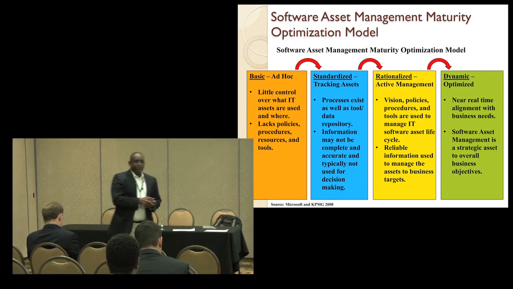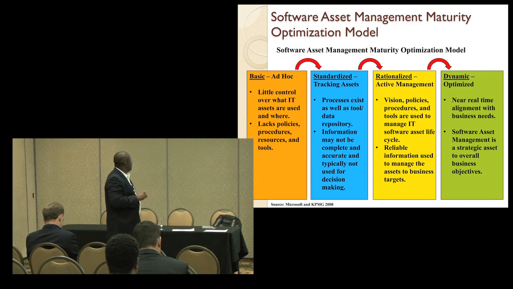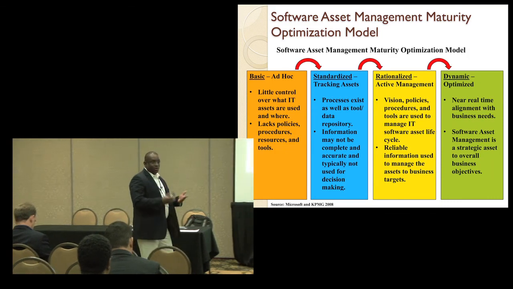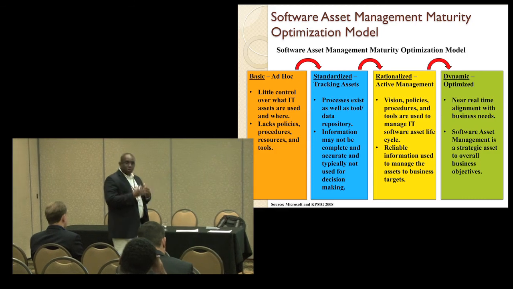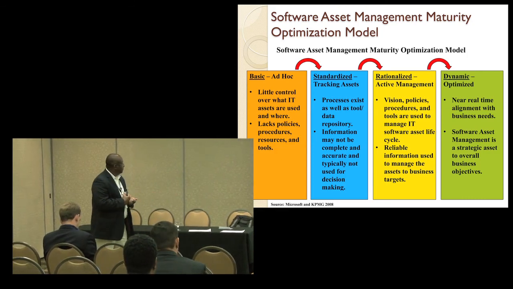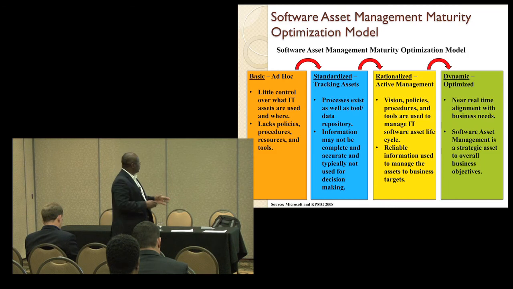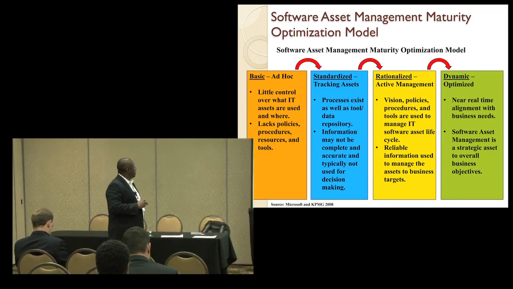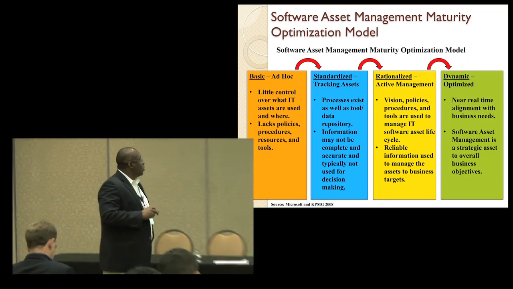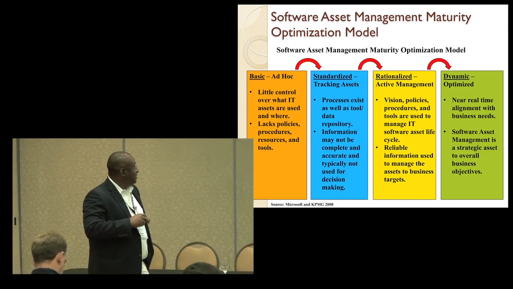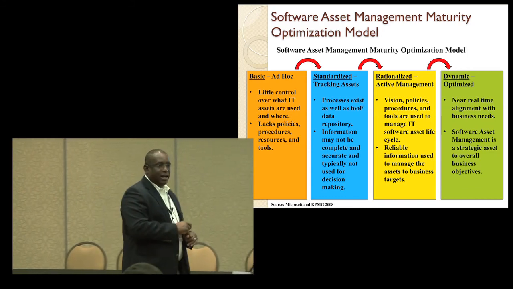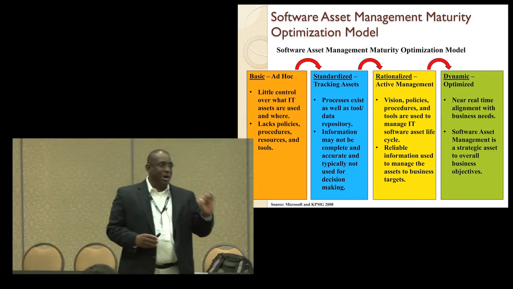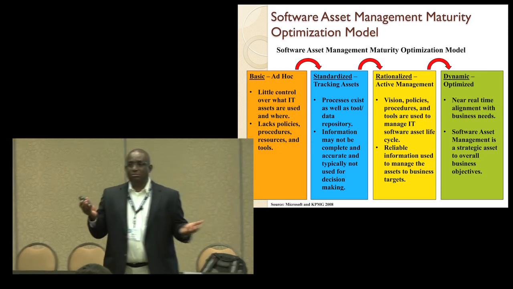Where are you? The very first level is basic, ad hoc. You have little or no control over what's going on in your organization from an IT perspective, specifically software. No policies, no procedures, poor resources, poor tools. And you can see the migration up to standardized, where most organizations fit, where they do have some processes and some tools, and some repository, even if that repository is Microsoft Excel.